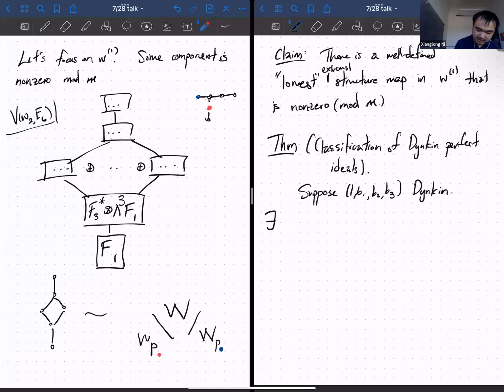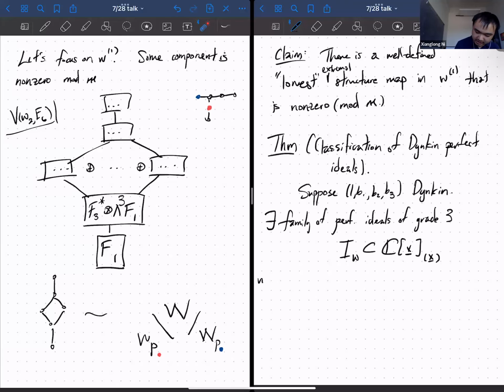Then I claim that there exists a family of perfect ideals of grade 3 inside a polynomial ring of some number of variables localized at a maximal ideal, with Betti numbers less than or equal to 1, B1, B2, B3, indexed by this double coset picture.